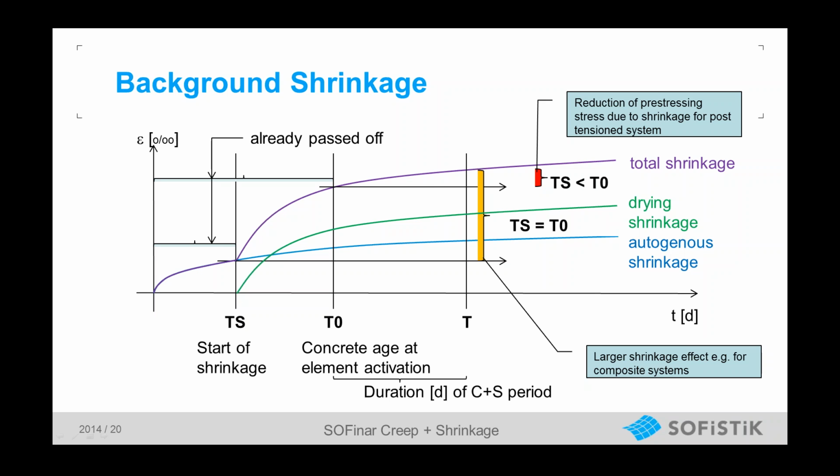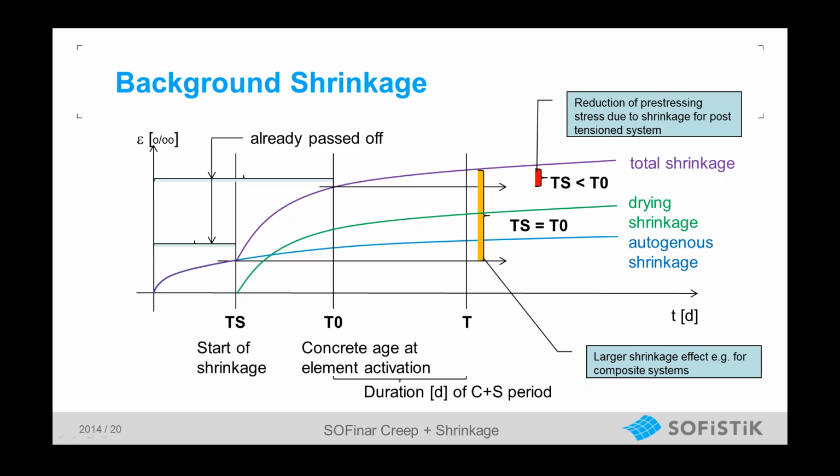This is more or less the concept we follow in the CSM. And that's the reason why you have very low shrinkage values. This is based on experience of the last 25 years. It's quite okay.